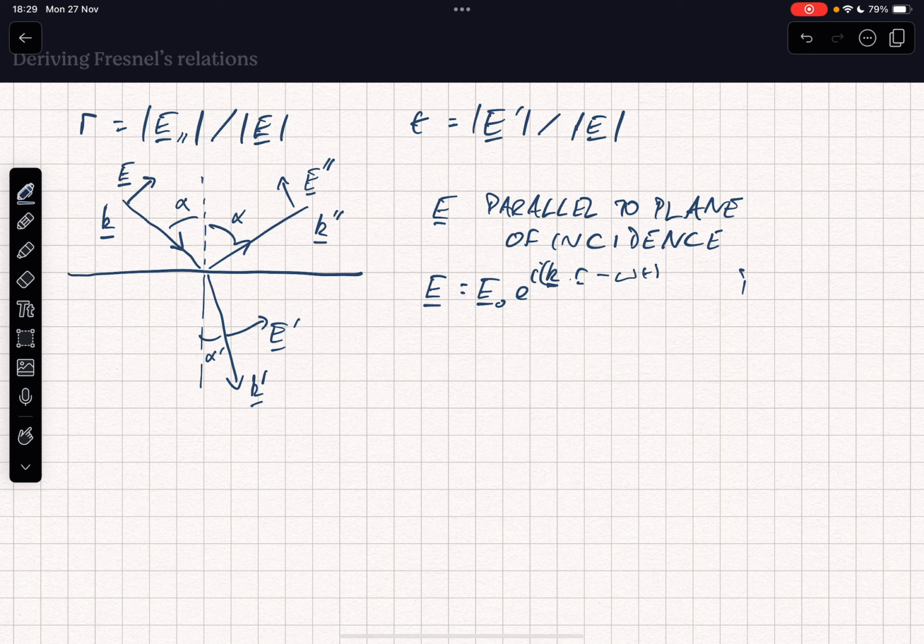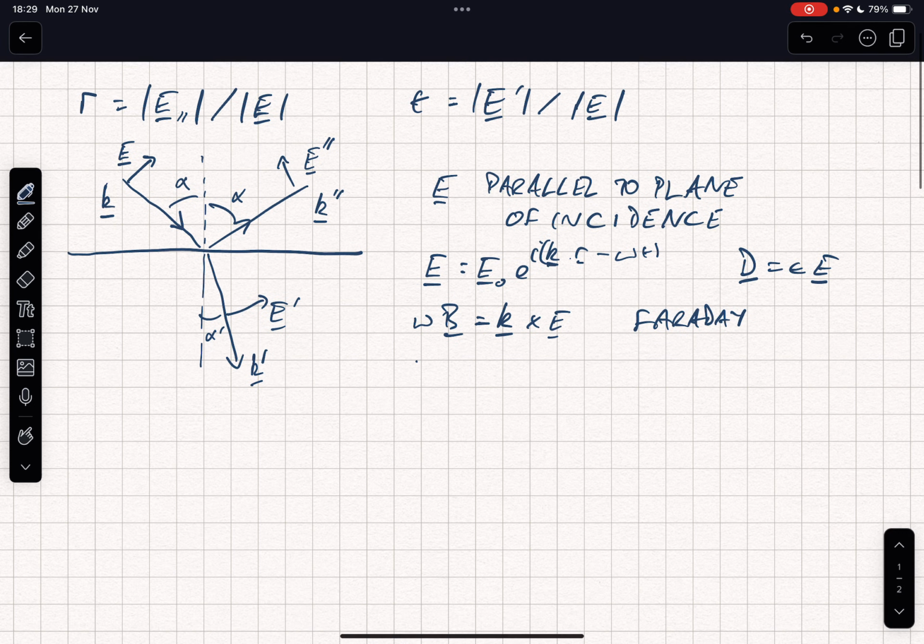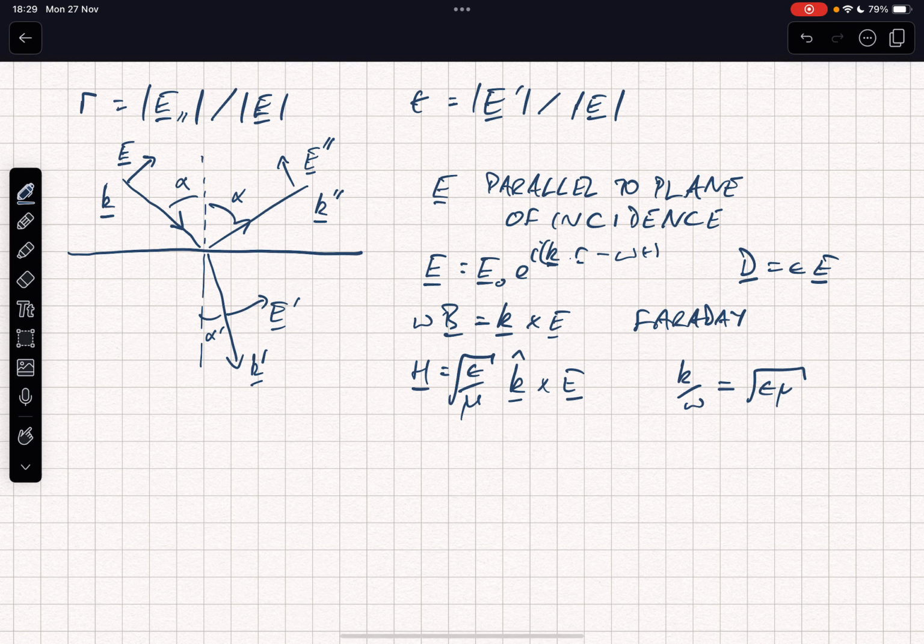Generally, we'll assume a linear homogeneous medium, so D is going to equal epsilon E, and we can write omega B is equal to k cross E from Faraday's law, and therefore we can deduce that the H field is equal to the square root of epsilon over mu, k hat crossed with E, where we've used the fact that the magnitude of k divided by the magnitude of omega is equal to the square root of epsilon mu, which is one over the phase velocity.